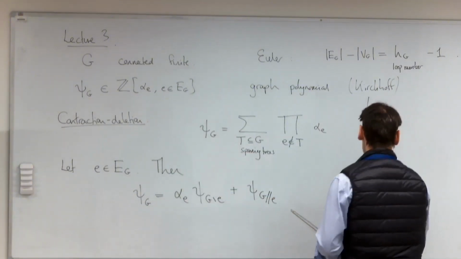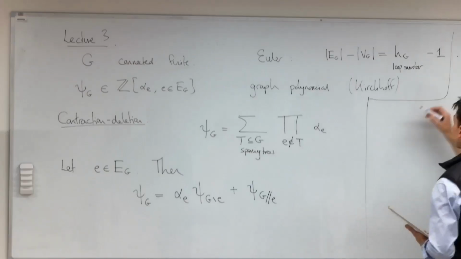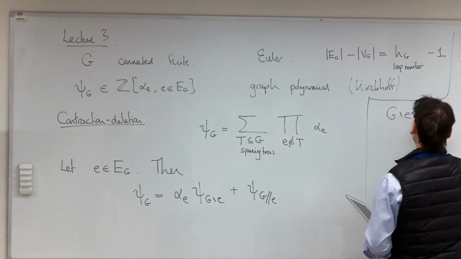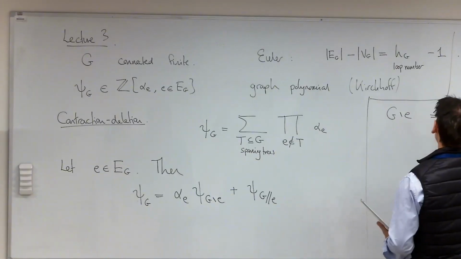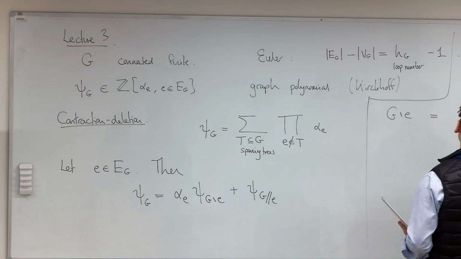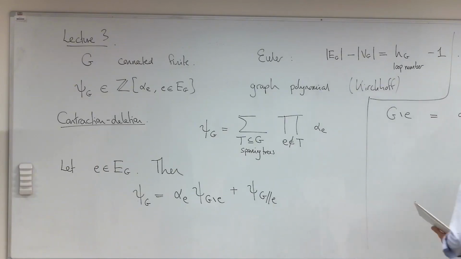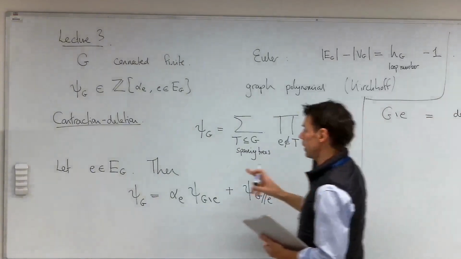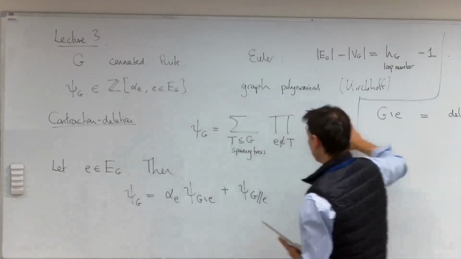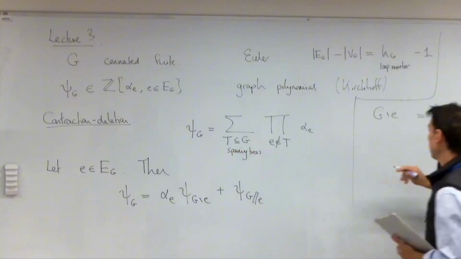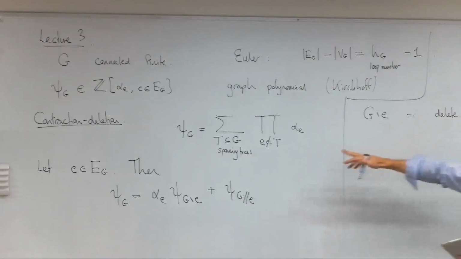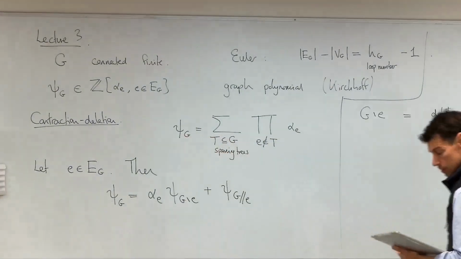So g minus e is the graph where you delete edge e. So the graph might not be connected, but that's okay. You can still apply this definition, and if the graph is not connected, this will just be 0.